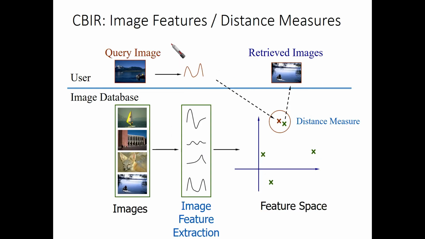So what is the idea of these image features? How does it work? Let's say this is the user and this is our image. Based on this image, let's say we try to find some features. You can think of features as a vector, right? From this image, maybe we just find a vector of some numbers. So this is the features.